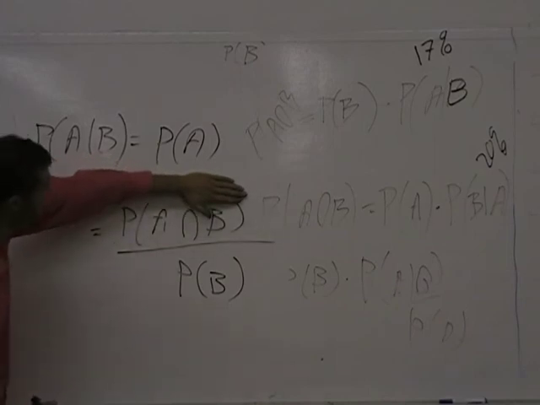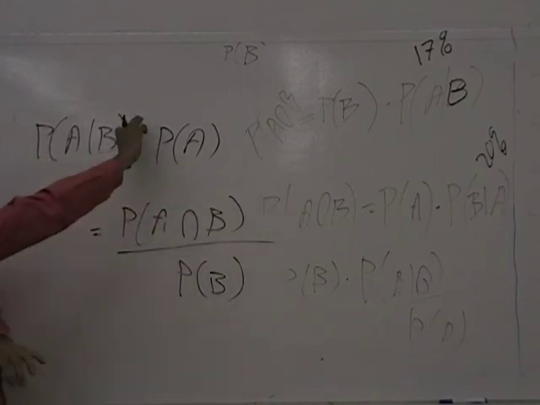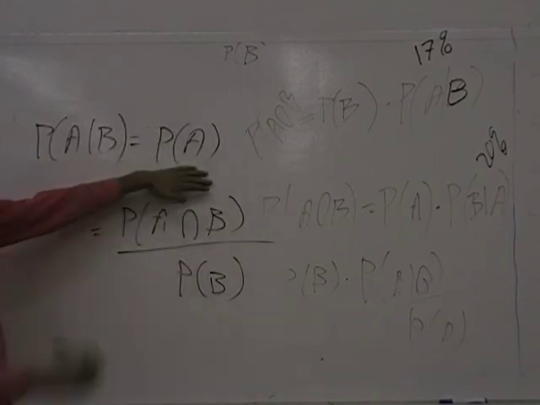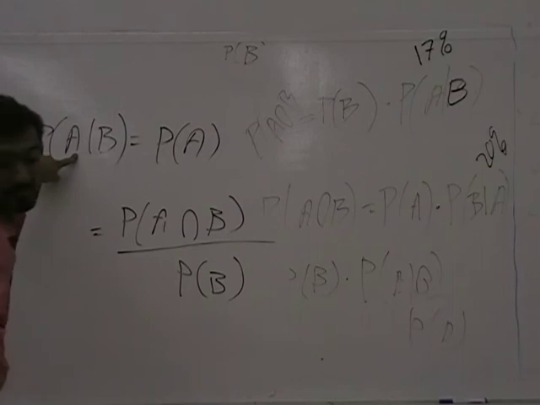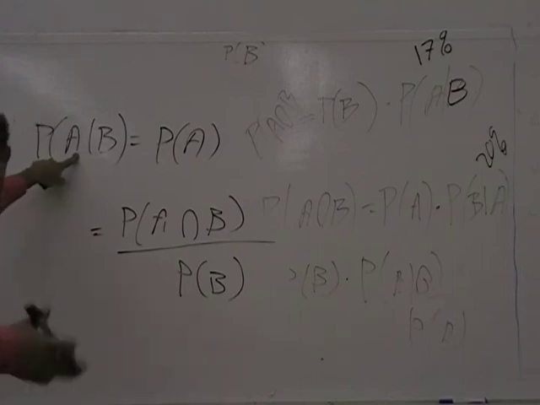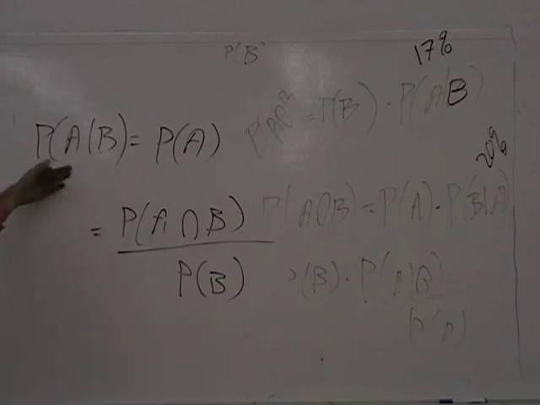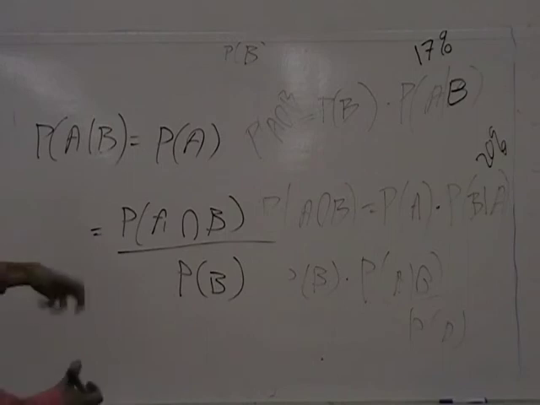If we have this case, this is true when the probability of A is not affected by B. You're not going to learn anything about A by looking at B. B is a useless thing. It does not help.